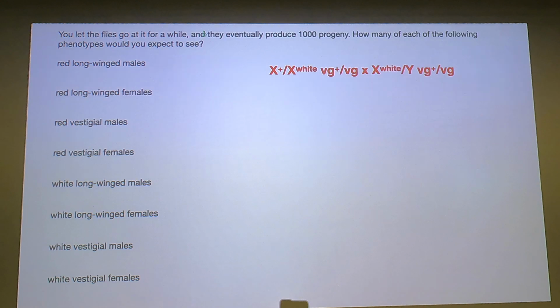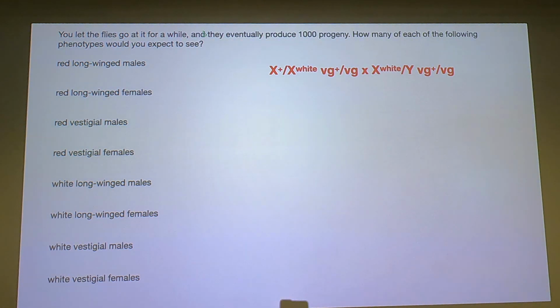So let me ask you, what frequency do you expect of vestigial versus non-vestigial? 75% will have long wings and 25% will have vestigial. Exactly. So the vestigial part of the problem is just this boring, simple monohybrid cross, isn't it? You know how to do that.